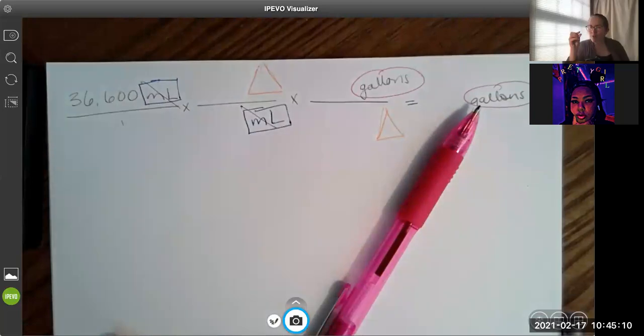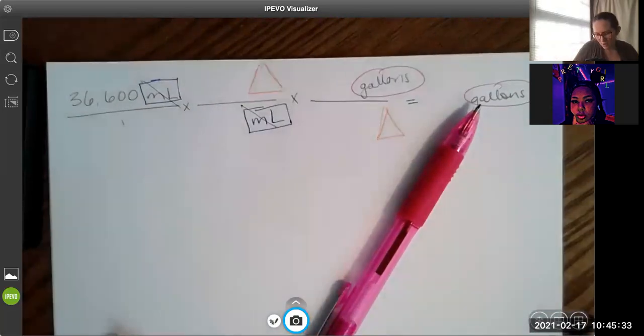Okay, so here again, we've got milliliters, which are super tiny. We've got gallons that are pretty big. Do you know of a volume measurement that's in between? No. I'm gonna give you a few hints. It kind of sounds like milliliter.